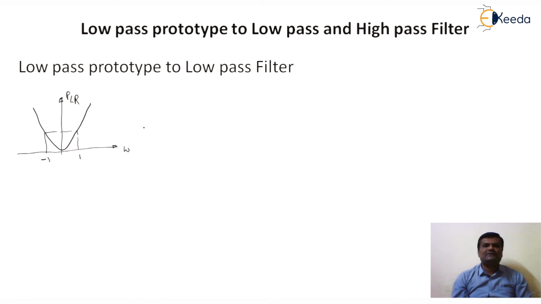Now our aim is to convert the low pass prototype into a low pass filter. So accordingly, I draw the real or desired low pass filter response. This is the low pass filter response, PLR dash versus omega.